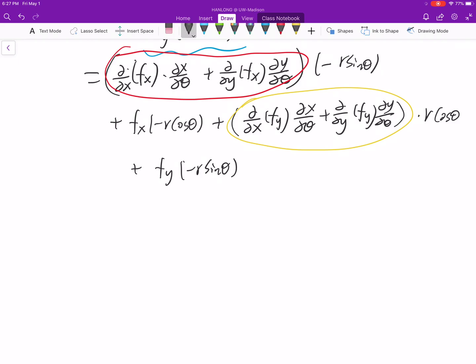Okay, then we plug in all we know. So fxx you cannot simplify anymore because you don't know any information of f.